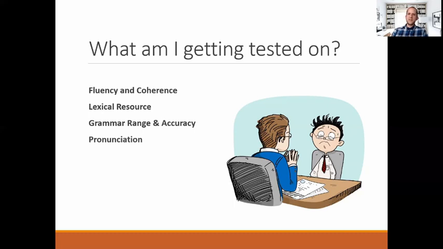Remember, for each of these you'll be getting an individual score, and it is possible that you could get a 7 for fluency and coherence, while at the same time getting a 5 for grammatical range and accuracy. So it is important that you are aware of each of these criteria and know how to adapt your speaking to match these criteria.